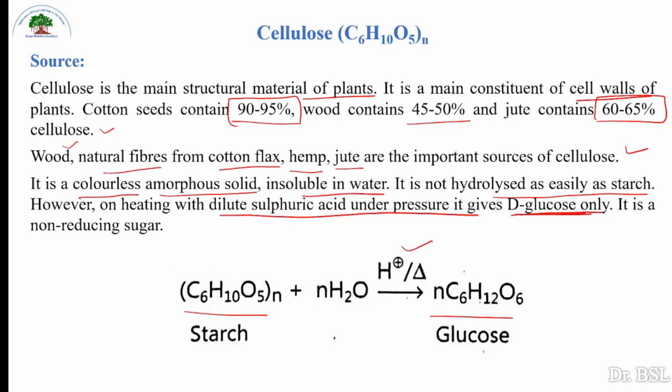But when it is heated with dilute H2SO4, and this is also under pressure, then cellulose can give D-glucose. So this is the case.